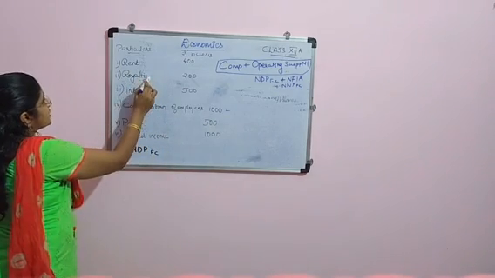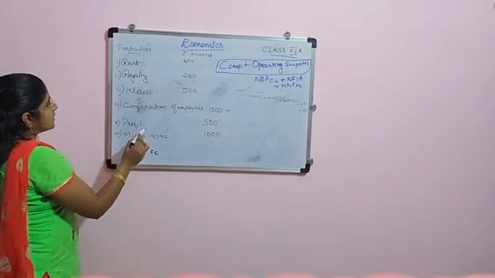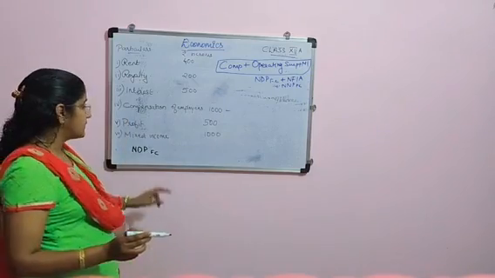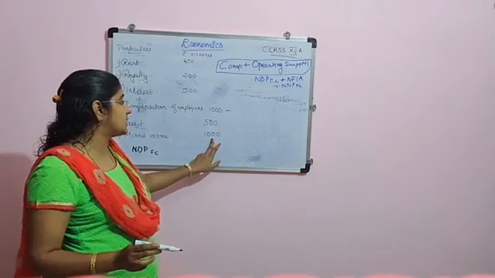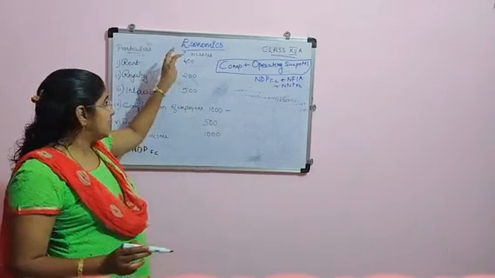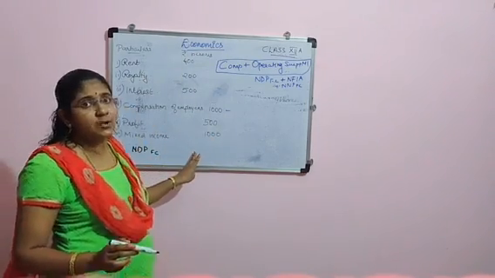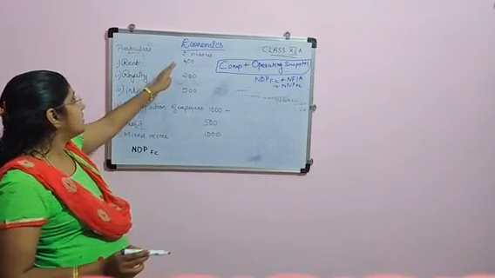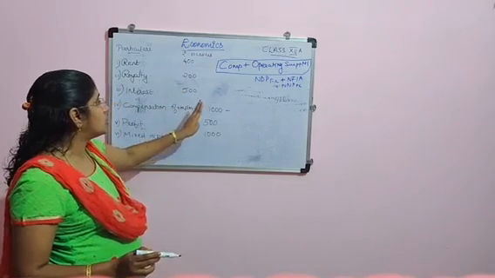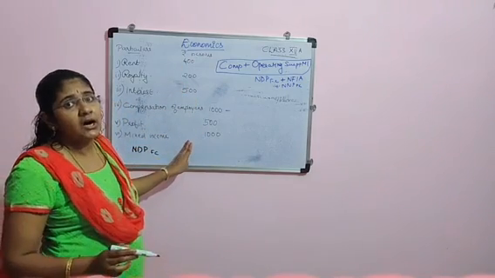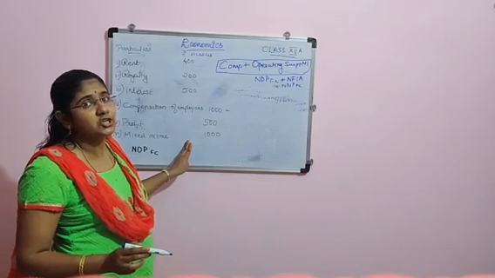Rent and royalty are given, interest is given, profit is also given. And the next one is mixed income, which is also given here as 1000. So in this particular practical, there are not that many complications. When we add the values directly, we will get the total.